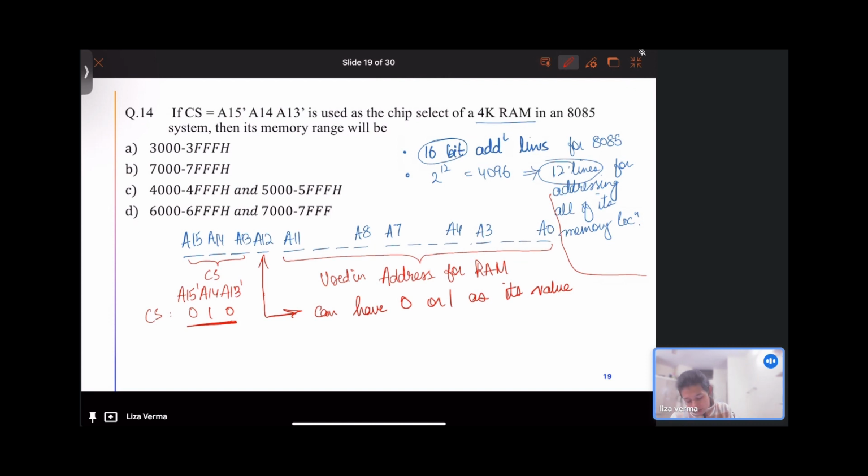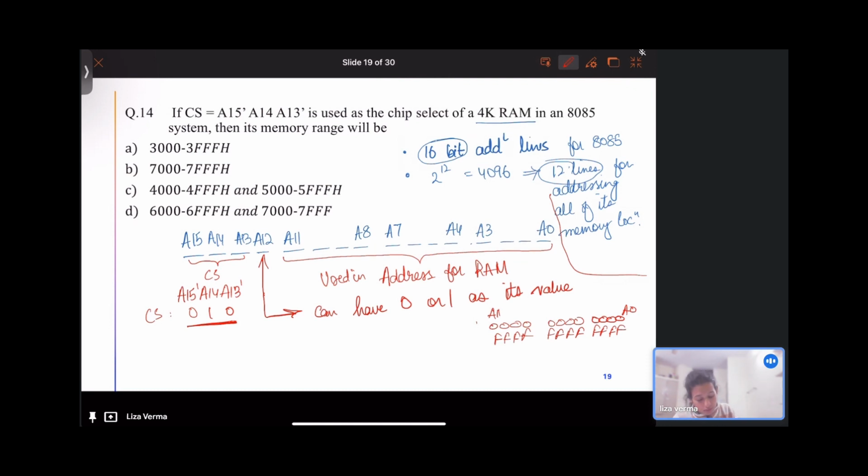For the A0 to A11 lines, these can have values from 000 to FFF, right? 0 being 000 to FFF. There's no restriction on these lines. This is A11, this is A0, right?